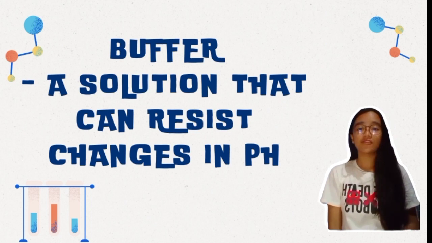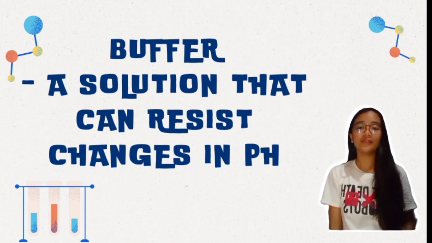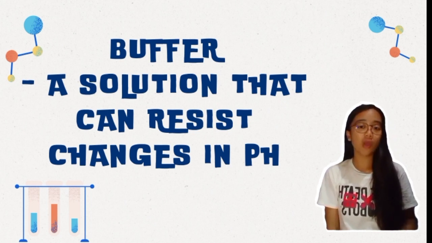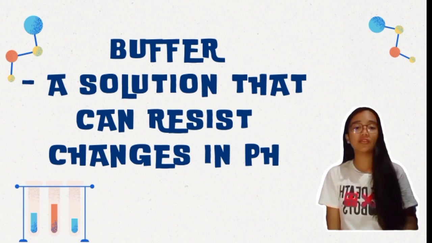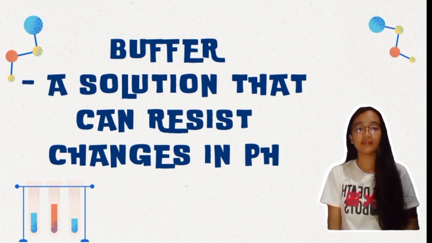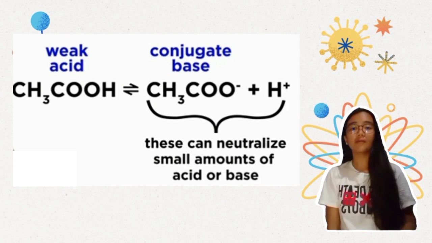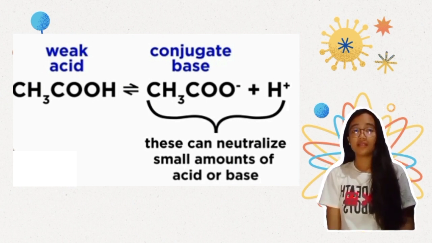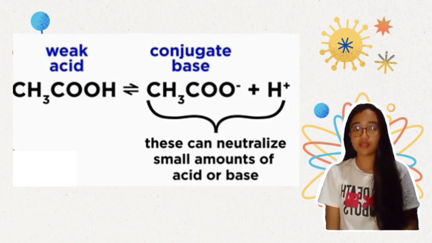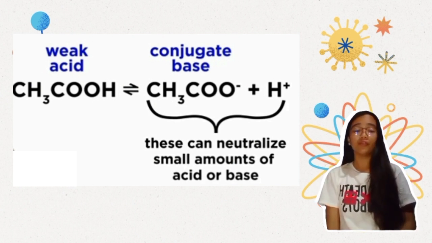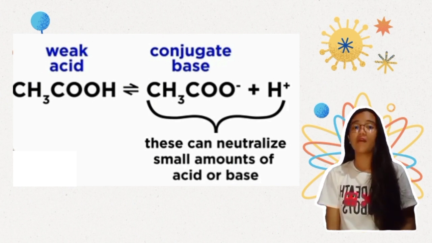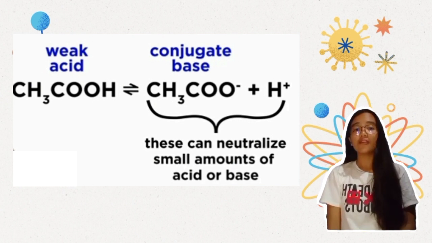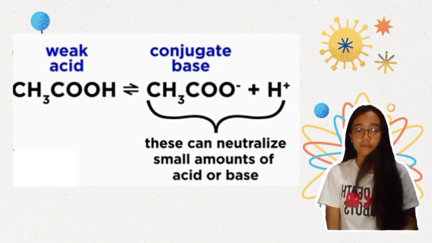A buffer is a solution that has the ability to resist changes in pH when limited amounts of acid or base are added to it. Buffers are made by combining a weak acid or base with its conjugate. In such a solution, because both the acid and conjugate base are present, they are able to neutralize small amounts of any acid or base that are added to the solution.